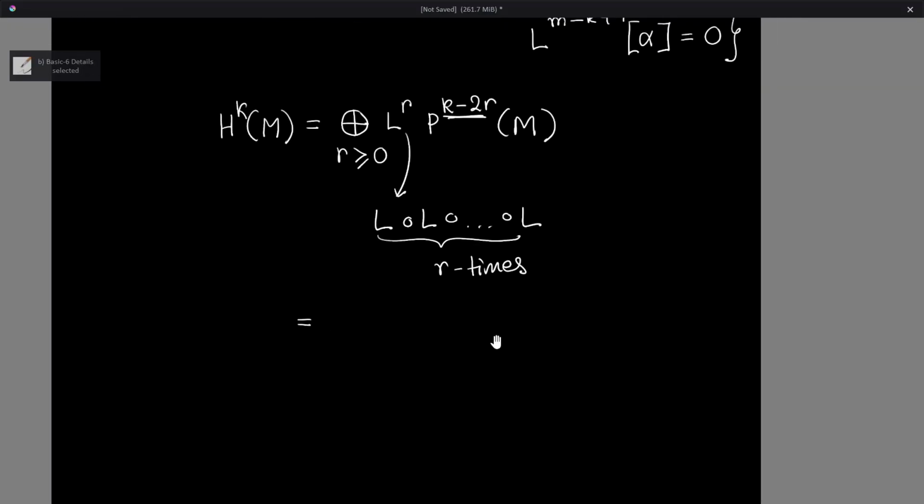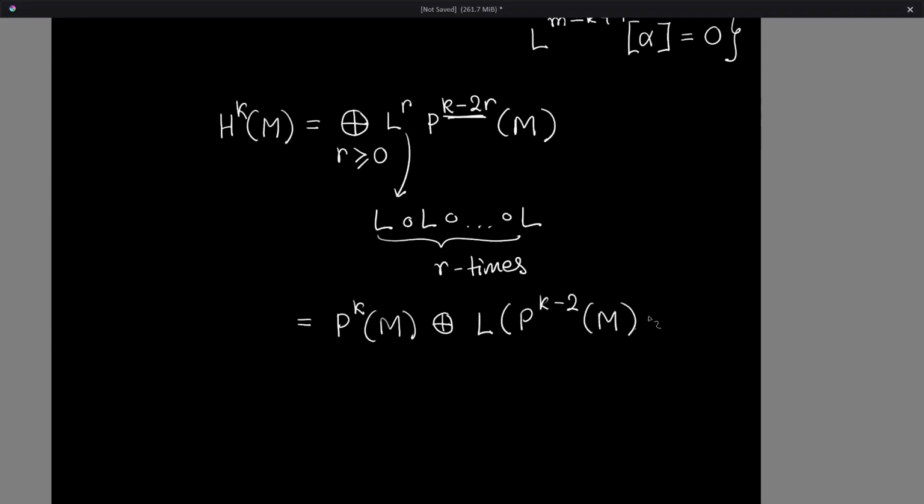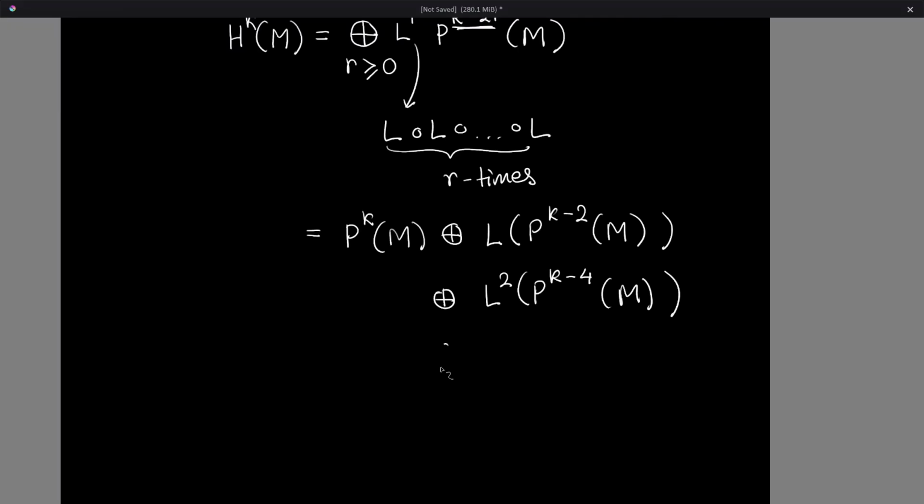We can also rewrite this, if you want to expand out this sum, as P^k of M, that's for r equal to 0, plus, for r equal to 1, we get L of P^(k-2), and then we get plus L squared P^(k-4) of M, plus and so on.